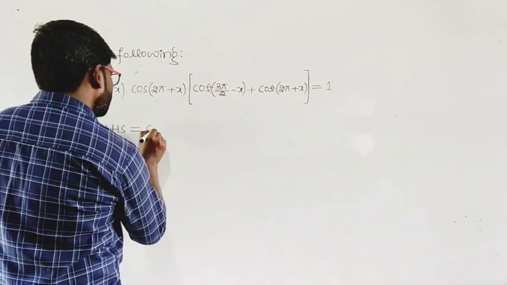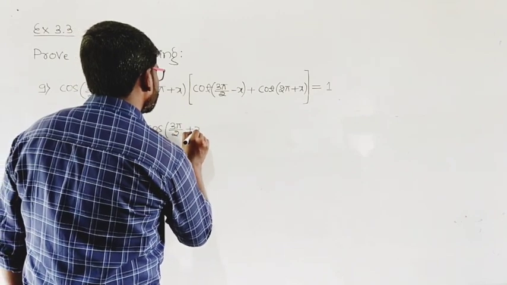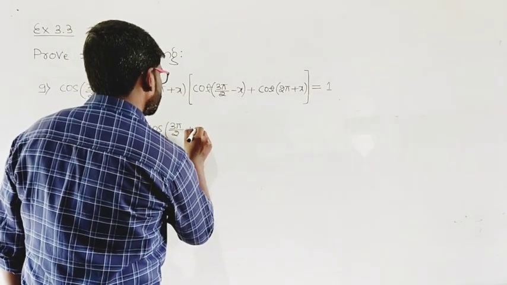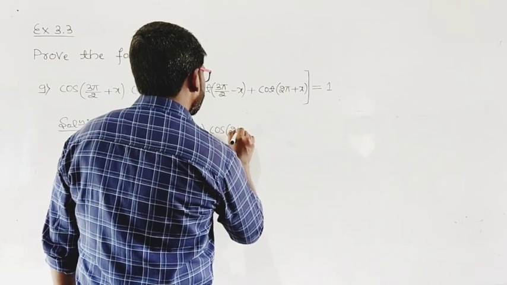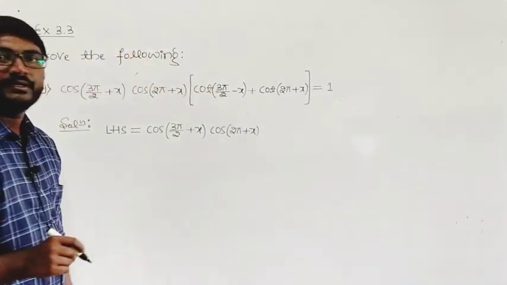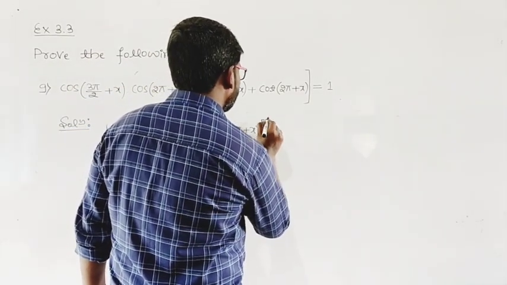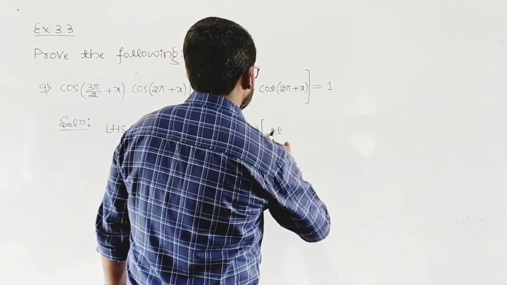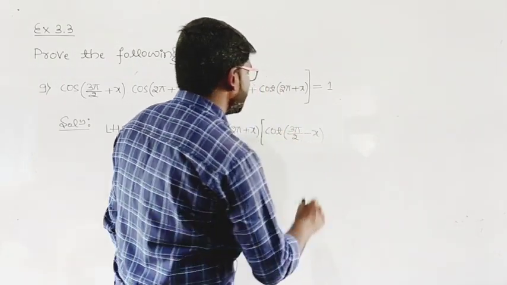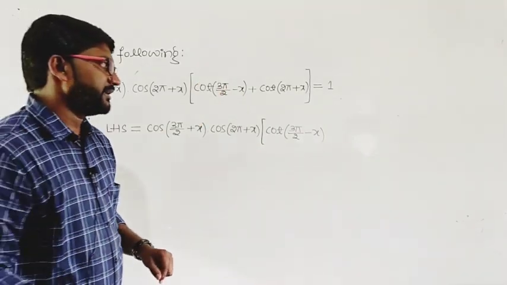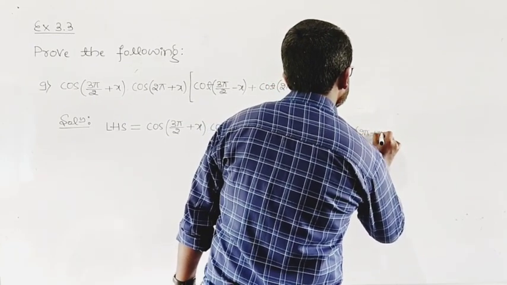It is cos(3π/2 + x) into cos(2π + x) into the square bracket, cot(3π/2 − x) plus cot(2π + x).